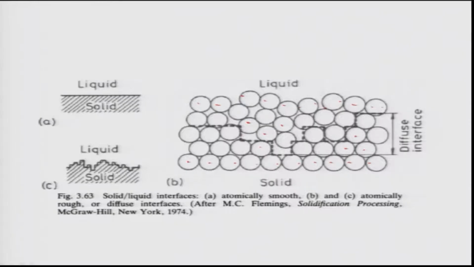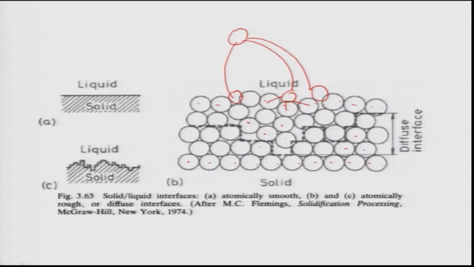When you have such an interface, if there is an atom in the bulk of the liquid and it needs to jump and join the solid, it can come and sit over here nicely, or over there nicely, and satisfy its bonds. One, two, three bonds can be satisfied, right?